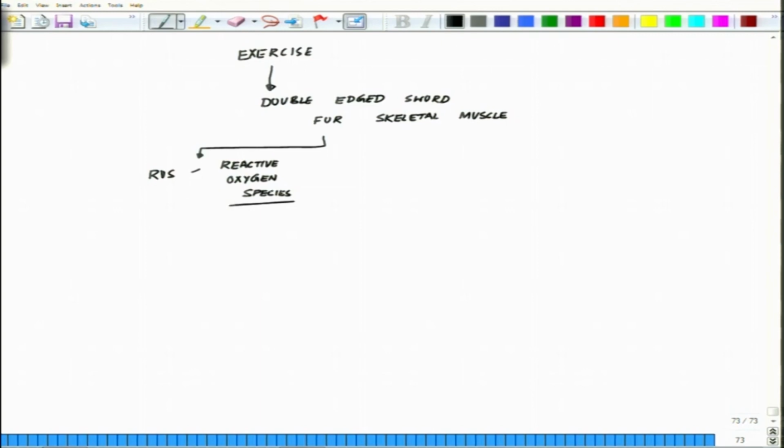Okay. The small amount of ROS which is generated during exercise is essential for force generation, or skeletal muscle force generation.